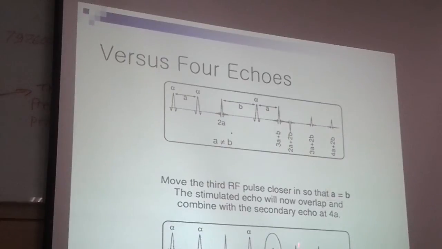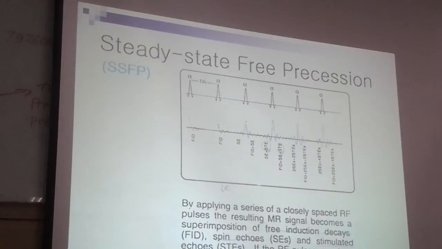This is a serious problem for MRI imaging. So when a pulse sequence is designed, these echoes should be considered, whether some echoes are overlapped or interfering with each other.